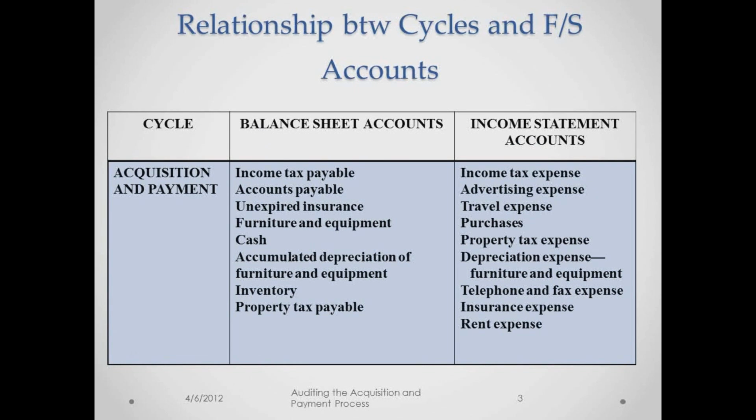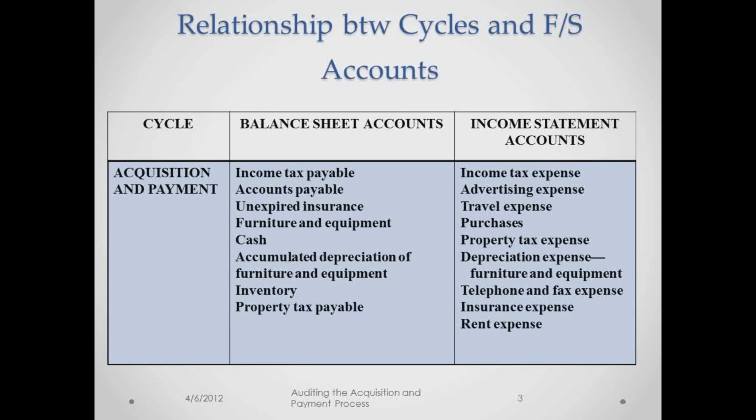The balance sheet accounts and the income statement accounts, so obviously we're talking about payments. Things you'll expect to see would be things like income tax payable. Obviously, accounts payable is probably the biggest balance sheet related item, and inventory if it's a manufacturing concern. Insurance, expired insurance or prepaid insurance.